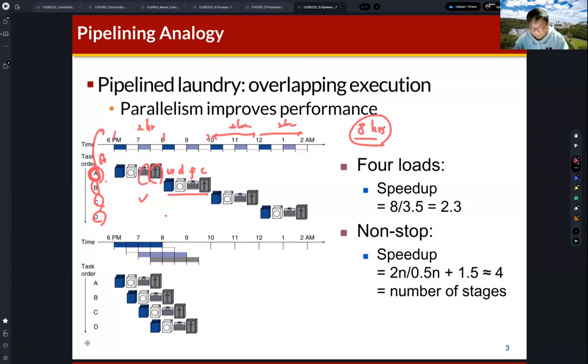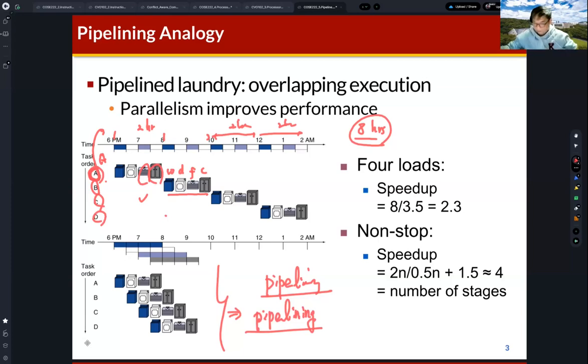So we can use pipelining. We can pipeline the steps for laundering, like this one. Okay. So what is this pipelining idea? This is called pipelining.